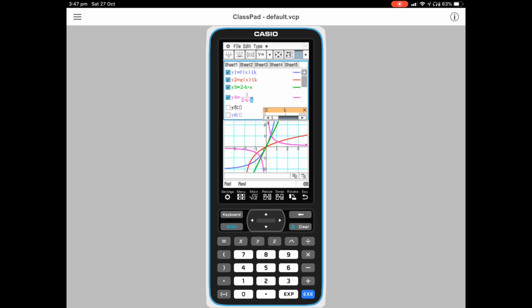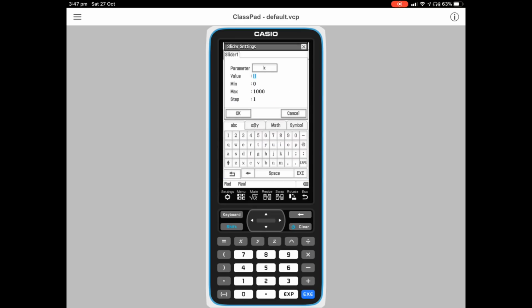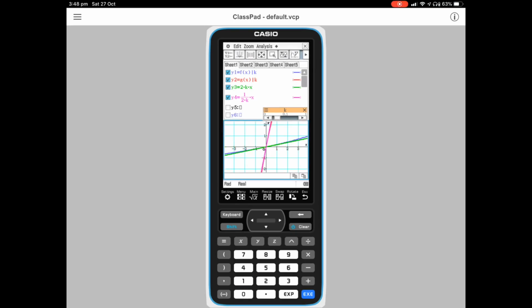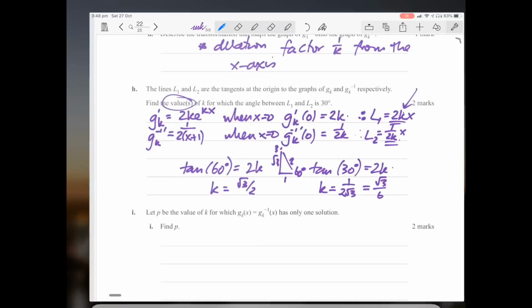Oh, it's 1 on 2k and then x. Okay, so if I said go from 0 to 1, and we made our step value, let's say, 0.1. As we change it, you can see back here our tangents would have had an angle of 30 between them. And now as we continue on, they have another angle of 30 between them. So that's why I got two values.